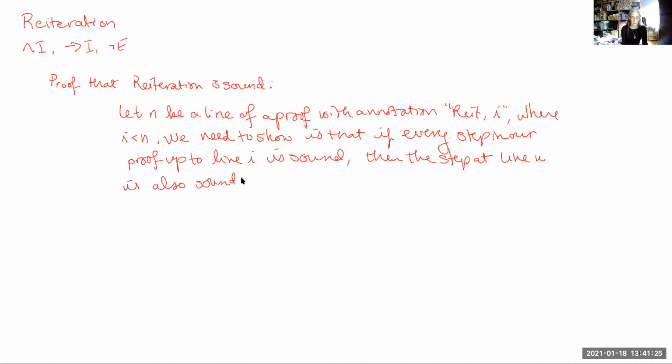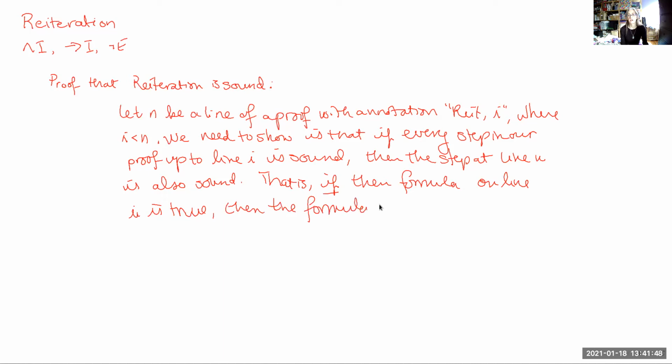It's truth preserving. What this means is that if the formula on line I is true, then the formula on line n is true. This is what we want to show.